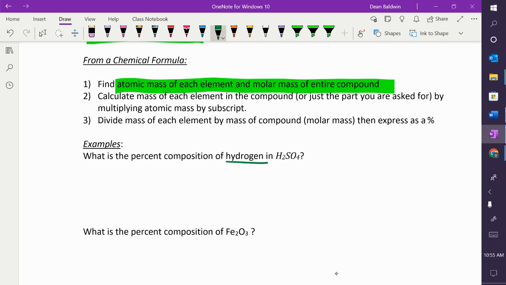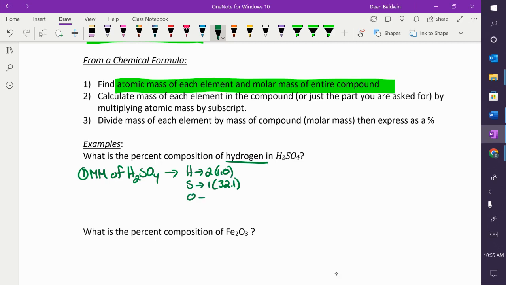So we need the molar mass. What does hydrogen weigh? 1. So 2 times 1. Sulfur, 32.1. How many do we have? 1. 32.1.